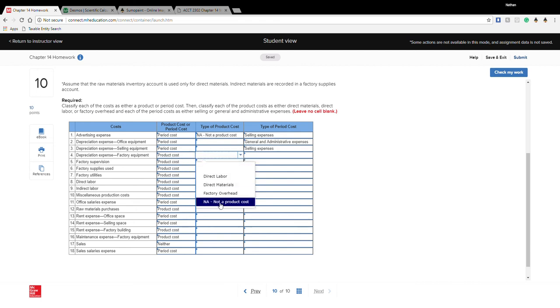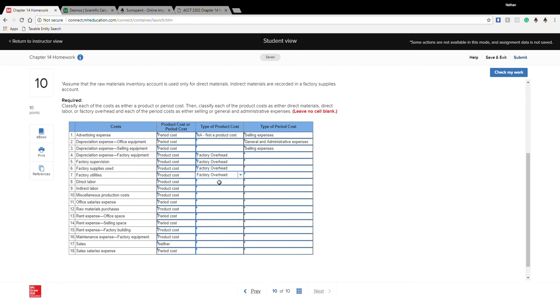This is a product cost. Since it's depreciation, it's only going to be an overhead. It's not related to labor. It's not related to materials. Factory supervision, again, overhead. Even though it's supervision, they're not the assembly workers. They're not physically putting together the product. Supplies used, also overhead.